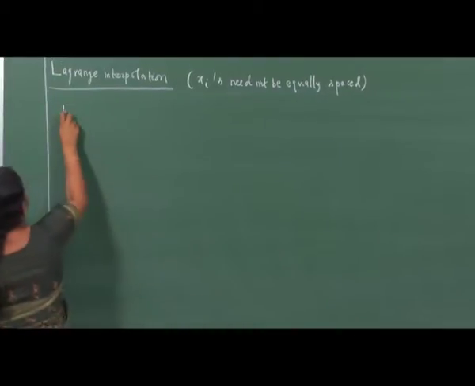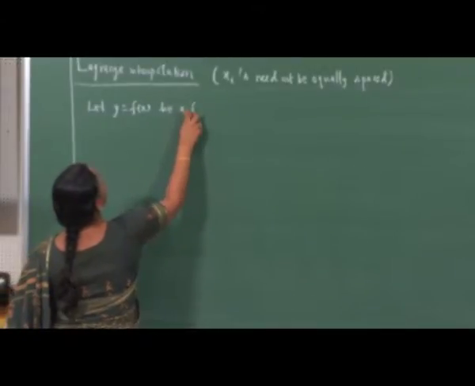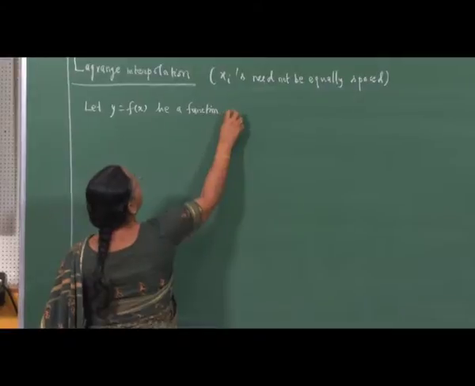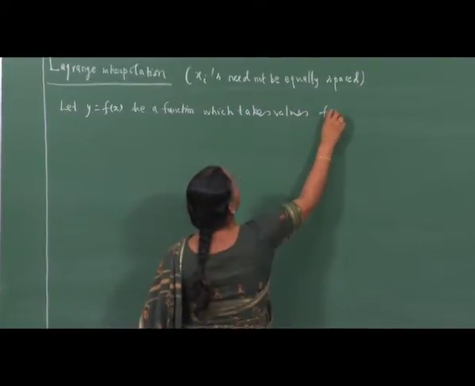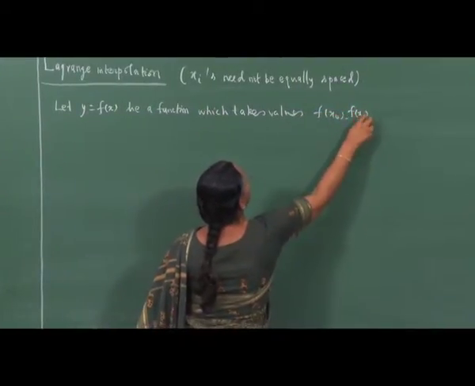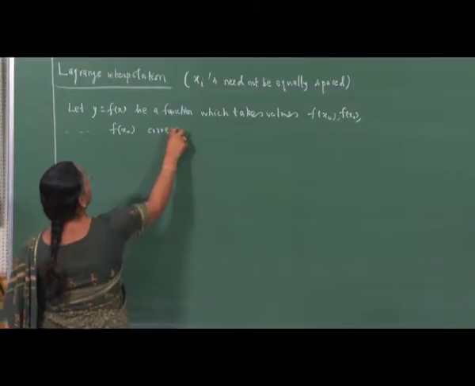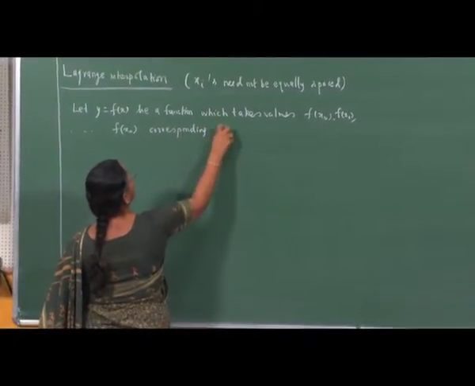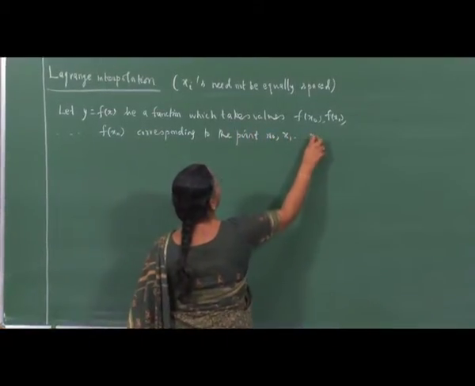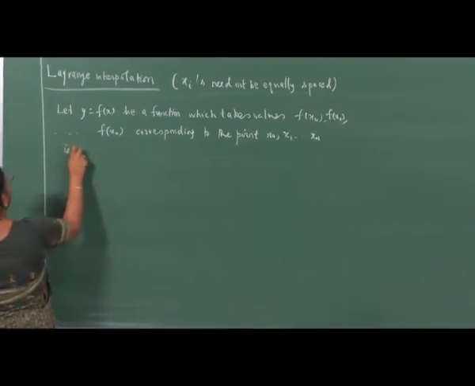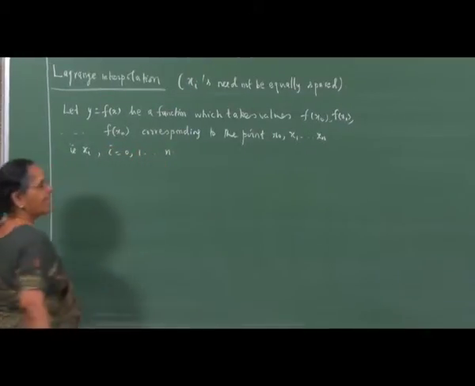So, let us consider y equal to f of x to be a function which takes values f of x naught, f of x1, etc., f of xn corresponding to the points x naught, x1, etc., xn, that is points xi where i is equal to 0, 1, 2, 3 up to n.